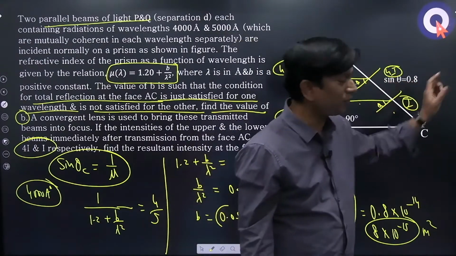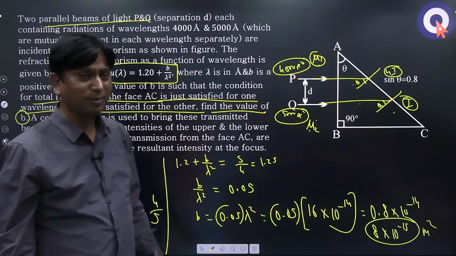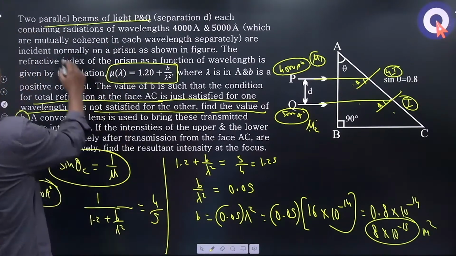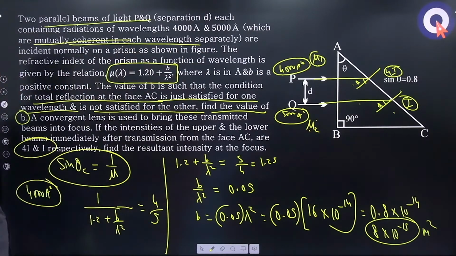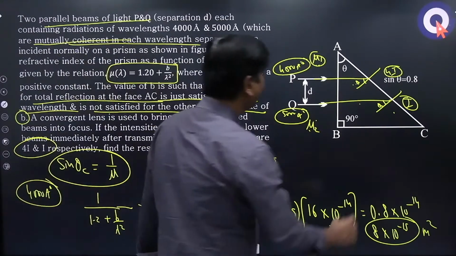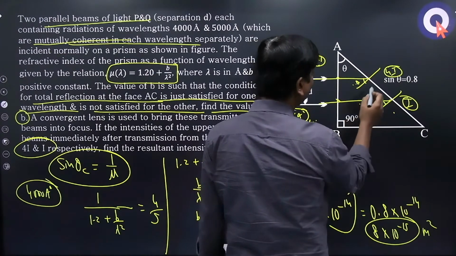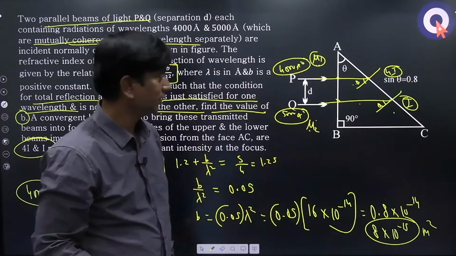So how much will they form? You are bringing it to focus. Whenever you bring it to focus, it is clearly given that they are mutually coherent in each wavelength separately. So when they are coherent, by the time this wave comes here, this wave will come here. Coherent.